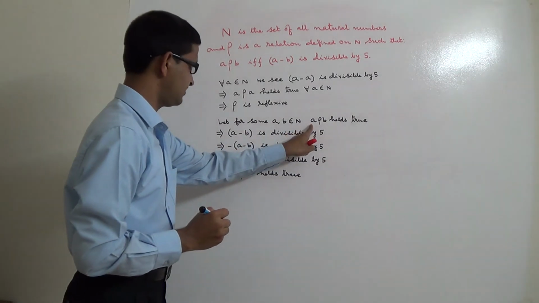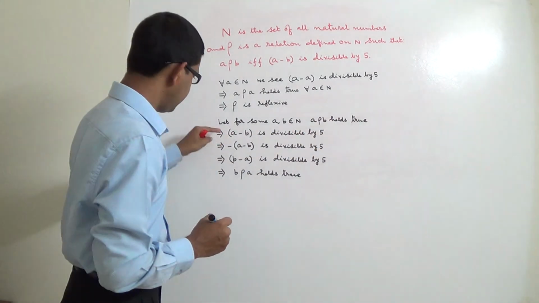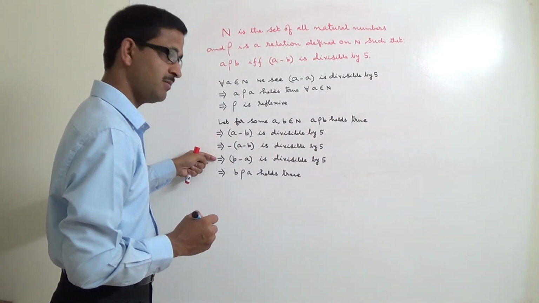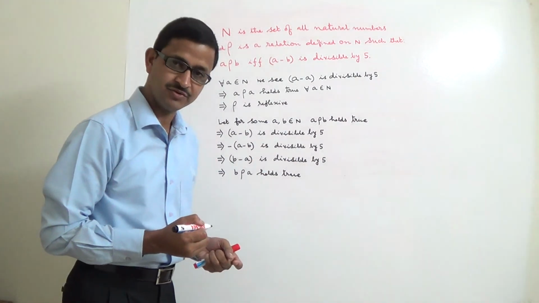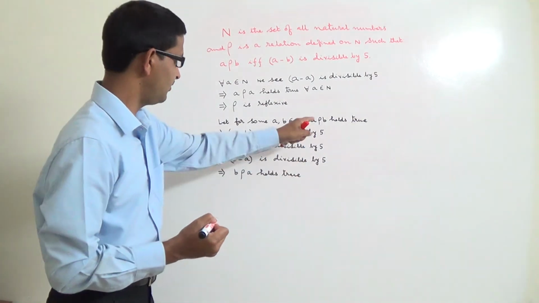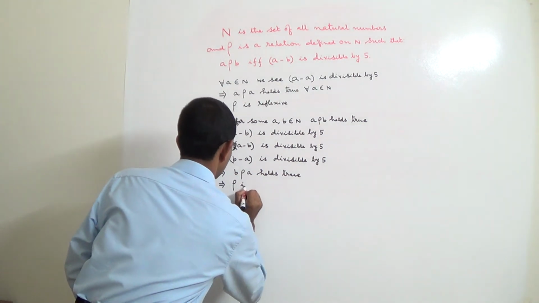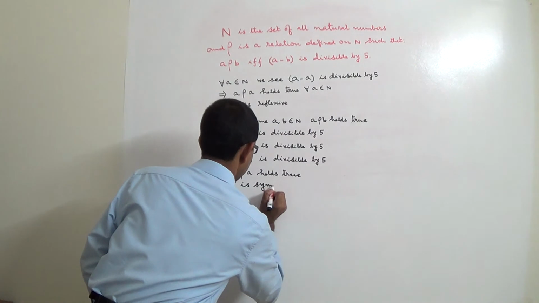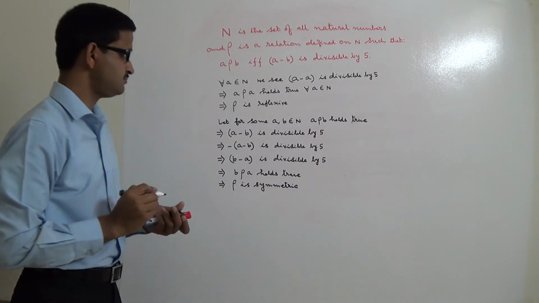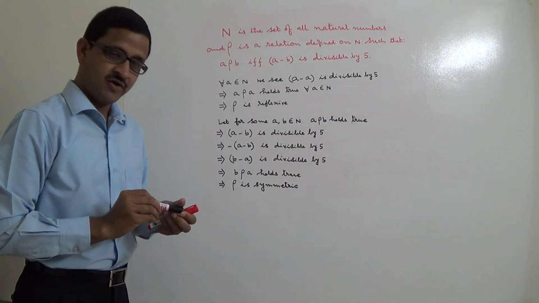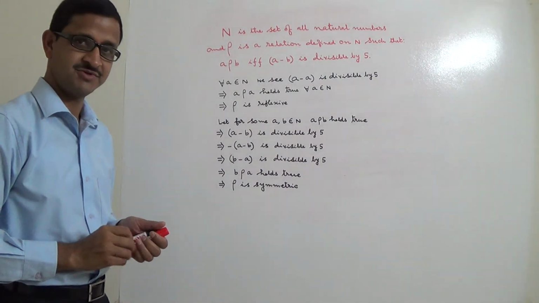We started with the assumption that A rho B holds true, and by means of the subsequent steps we are able to prove that B rho A also holds true. That means according to the definition of symmetric relation, rho is symmetric. Fine. Now let's see whether rho is transitive or not.